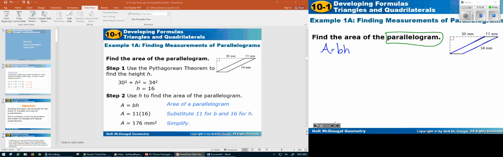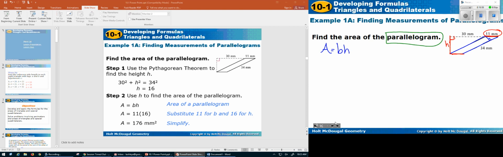But do I know the perpendicular height between them? No. And do I have enough information to find that perpendicular height? Not in those blue sides. If we switch and we use these two sides and we let 11 be the base, do we have enough information to find the perpendicular height between those two bases?